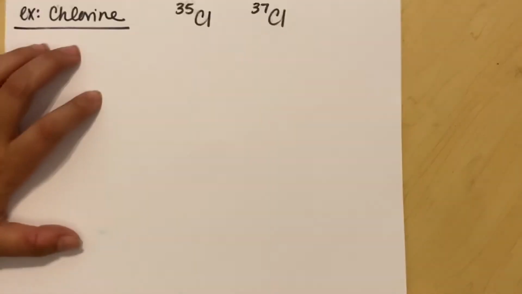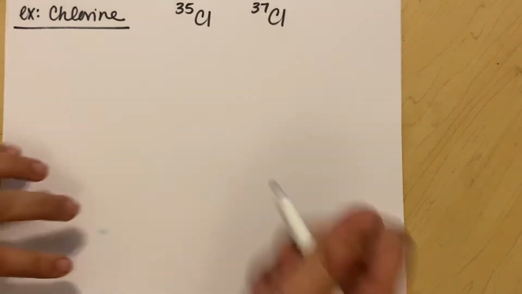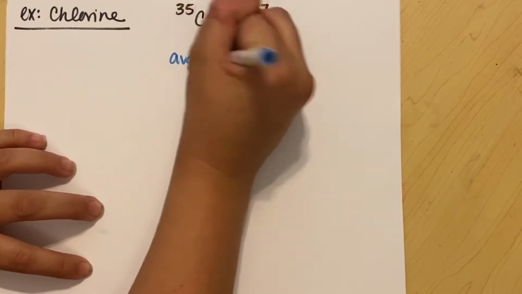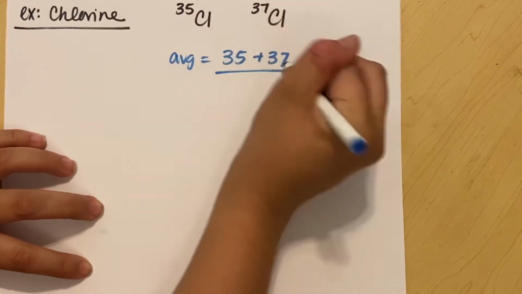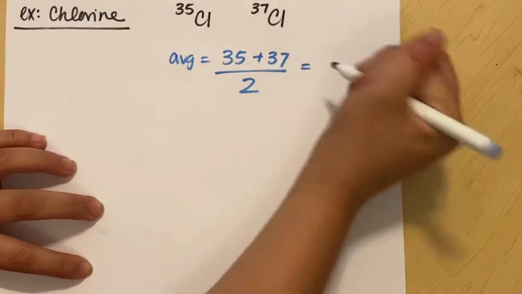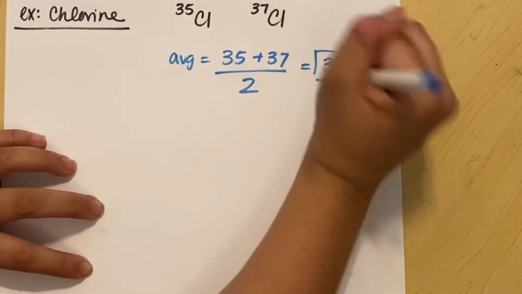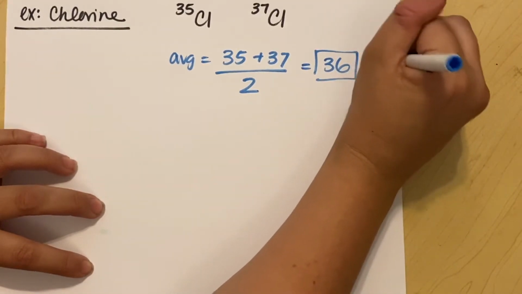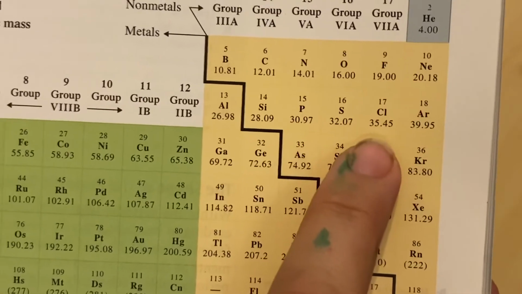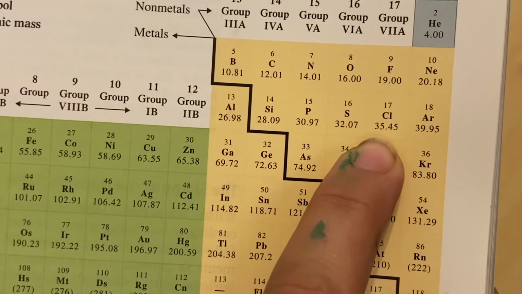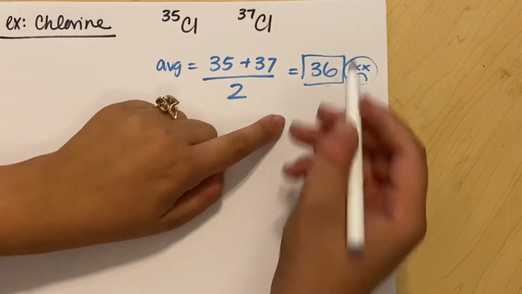So you would think if we're talking about average atomic mass, I'm taking an average, so I would take 35 plus 37 divided by 2, and I should get the average atomic mass of chlorine, ta-da, is 36. Yay! Except no. Here's my chlorine. Average atomic mass is not 36. It's 35.45.